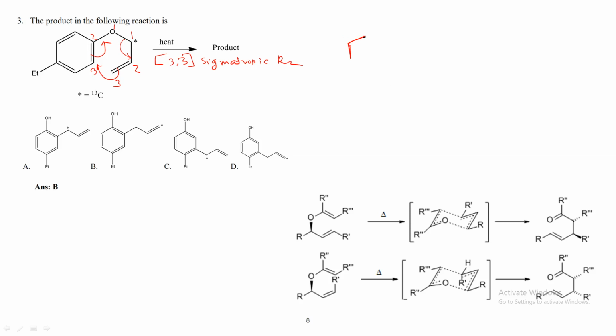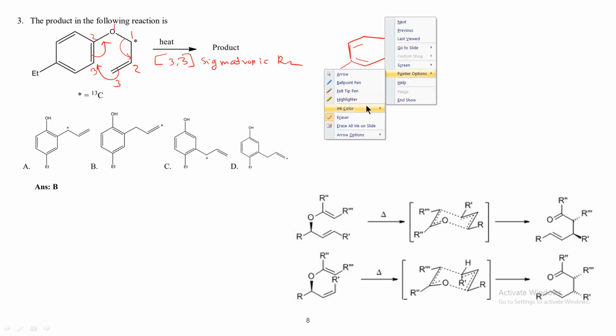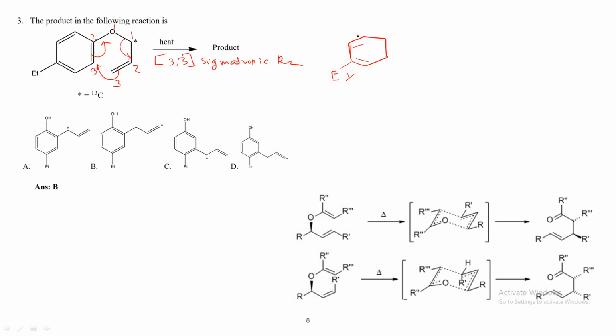So if this happens, what would be the product? So here one keto would be there. Like this.